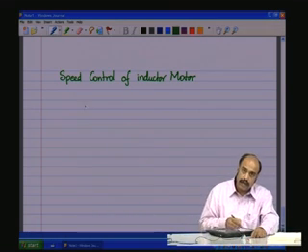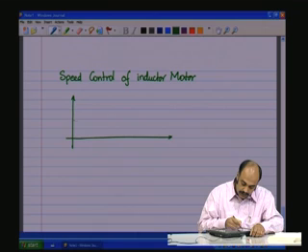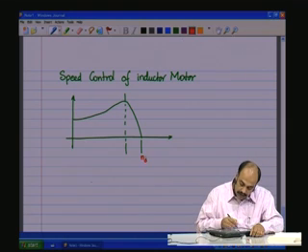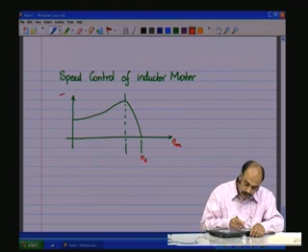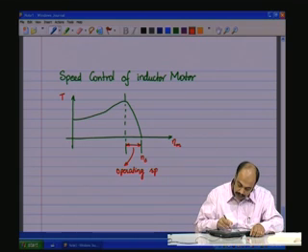But if we want a much greater range of the speed, more than the operating range, this is the synchronous speed, Nm versus the torque, and this would be the operating speed range.